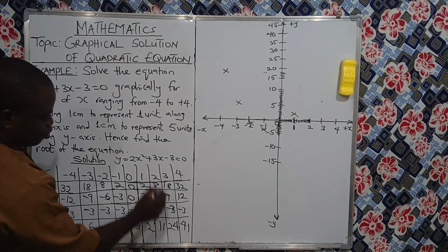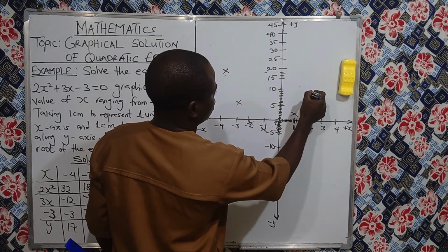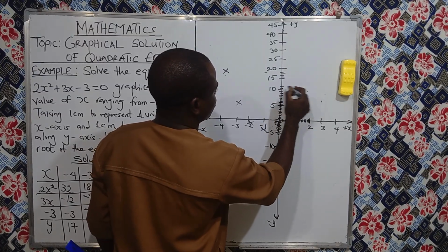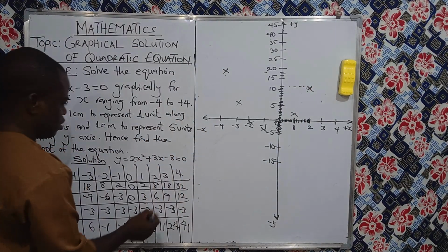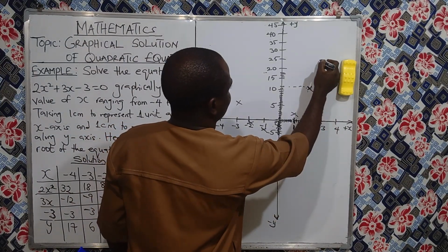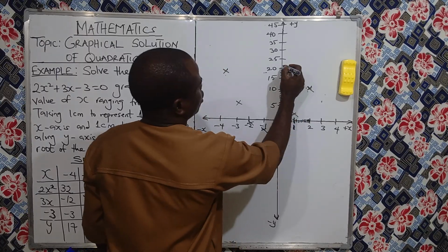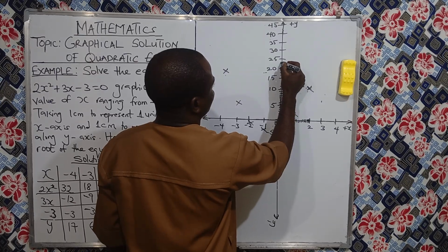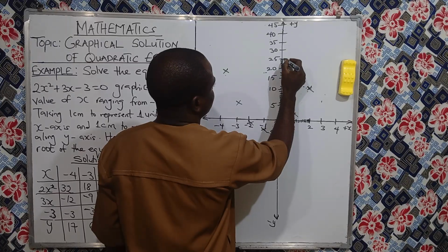Followed by 2 to 11, this is 10, 10.5, 11. Then 3 to 24: trace up, count 1, 2, 3, 4, 5, 6, 7, 8, 9, 10.